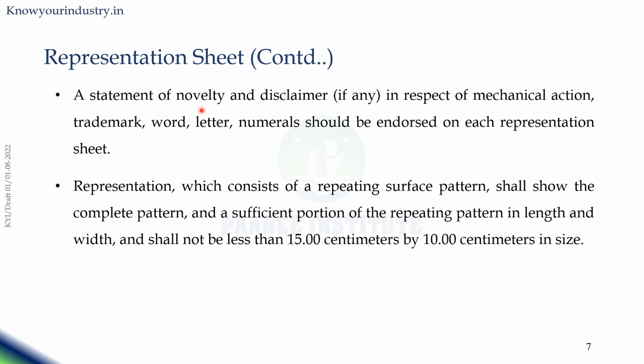A statement of novelty and disclaimer in respect of mechanical action, trademark, word, letter, numerals should be endorsed on each representation sheet. Representation which consists of a repeating surface pattern shall show the complete pattern and a sufficient portion of the repeating pattern in length and width and shall not be less than 15 cm by 10 cm in size.